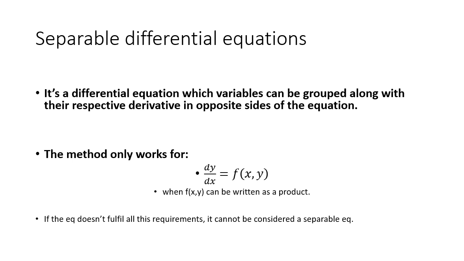Now knowing this, we can say that a separable differential equation is a type of differential equation whose variables can be grouped along with their respective derivative in opposite sides of the equation.